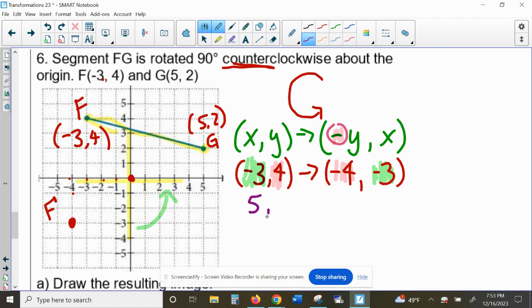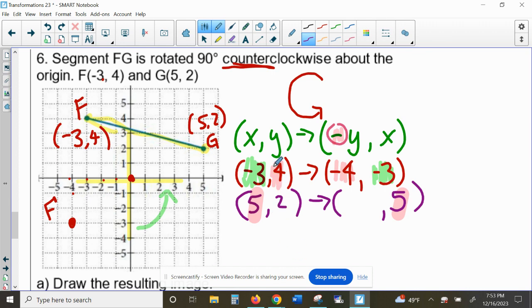Okay, let's do it to G. G is 5, 2. Remember what the rule says. We take the one that's in the X position and put it in the second position over there. So this is going to be a 5 right here. We don't do anything to its sign.